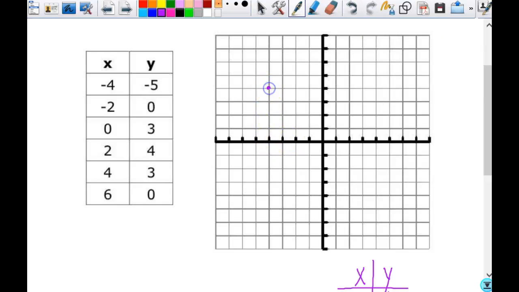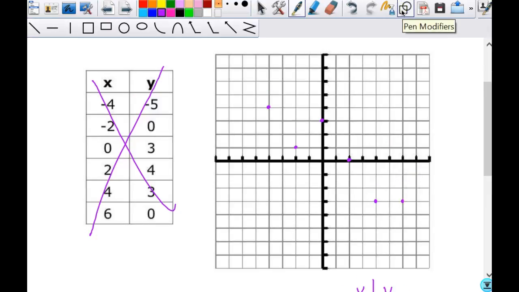So -4, 4, -2, 1, 0, 3, 2, 0, 4, -3, and 6. And then we're going to connect the dots so it should look like this.